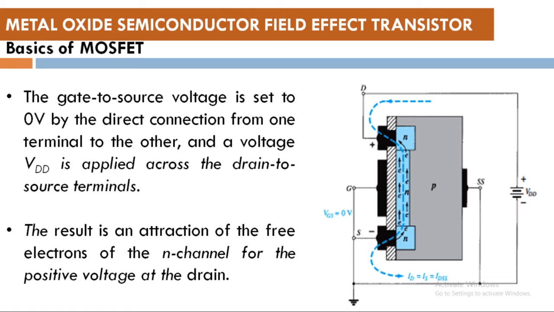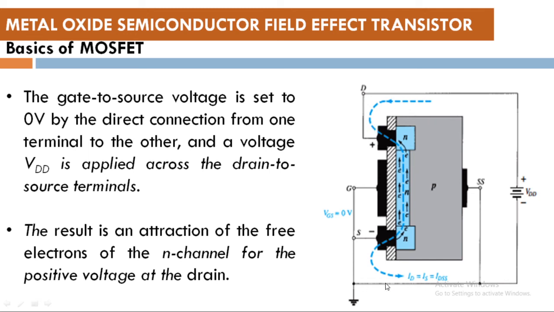Now the output is connected to VDD. Since this is at the positive potential, it will try to attract the electrons towards this side. Hence, there is a current flowing through the channel, and the conventional current will flow in the reverse direction, because if the electrons are flowing from bottom to top, then the conventional current is flowing from top to bottom.